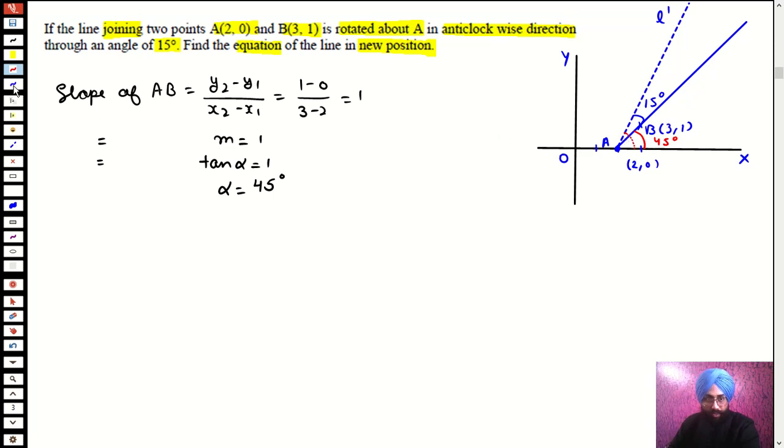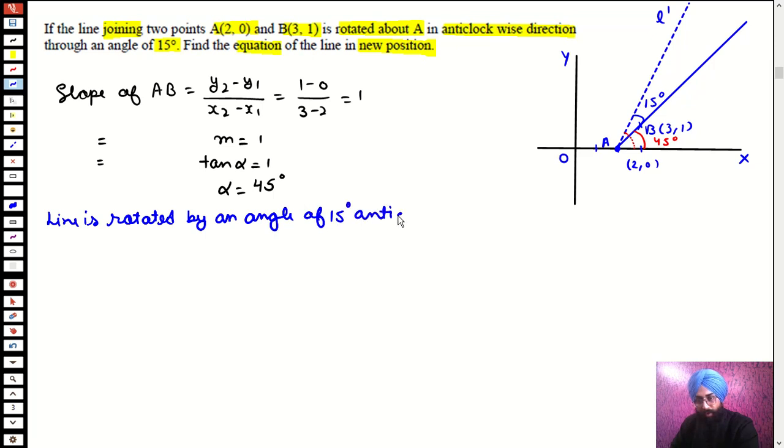So what do I write here? Line is rotated by an angle of 15 degrees anti-clockwise to a new position L dash.